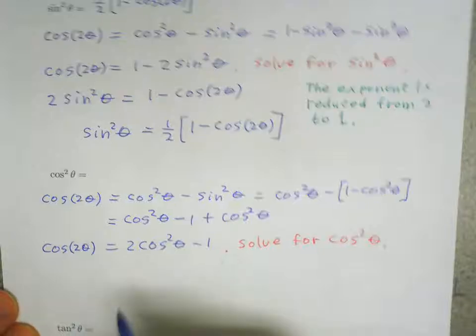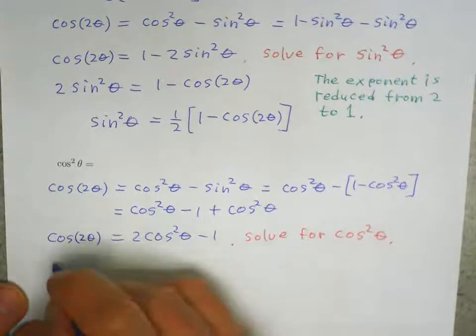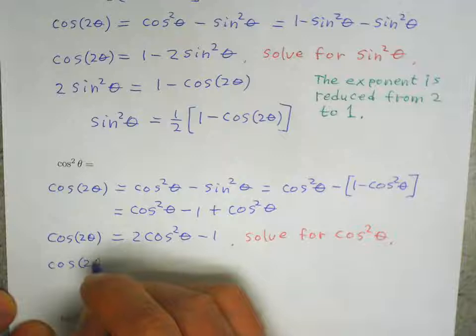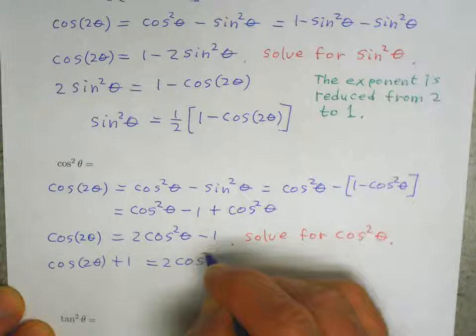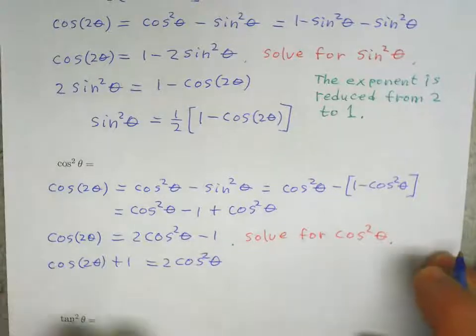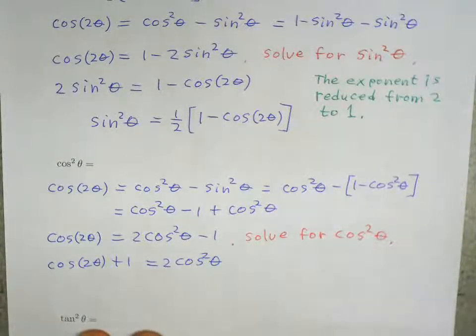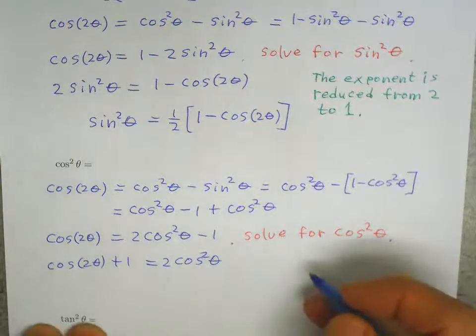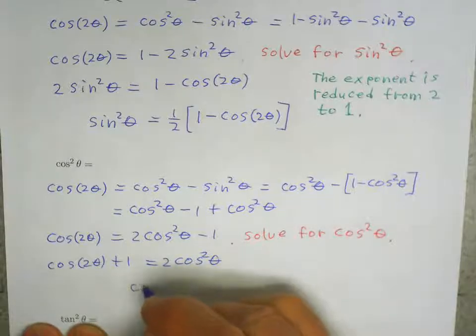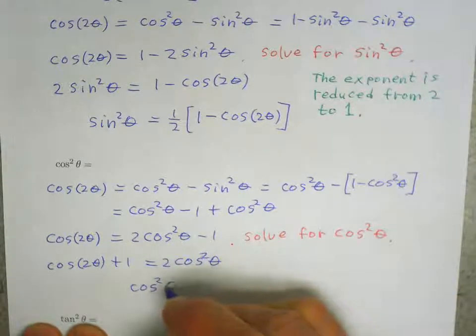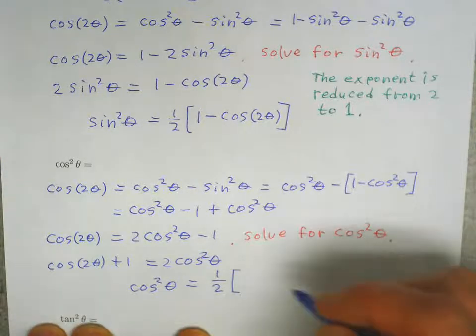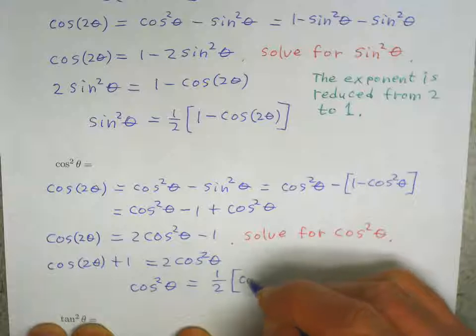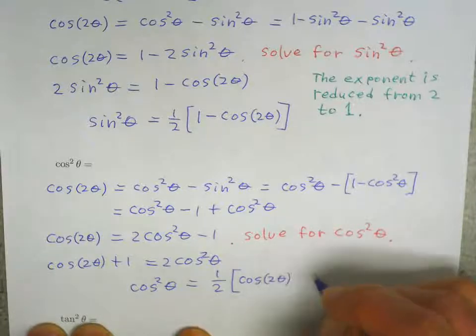We add 1 to both sides, so we get cosine of 2 theta plus 1 equals 2 times cosine of theta squared. And then divide both sides by 2, or multiply both sides by 1/2. Either way is okay. I'll write it as cosine of theta squared equals 1/2 of cosine of 2 theta plus 1.